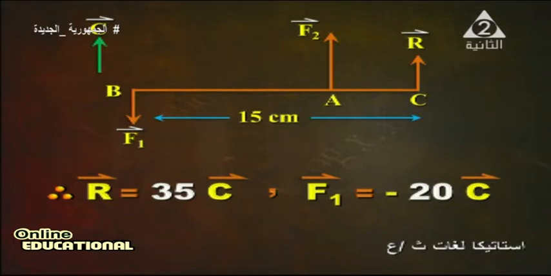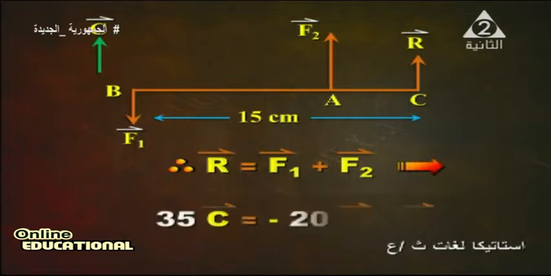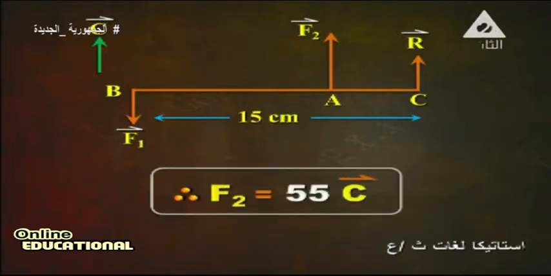Therefore, my dear student, R equals F1 plus F2. By substitution, 35C equals negative 20C plus F2. We deduce that F2 equals the summation of 35 plus 20. Therefore, F2 equals 55C direction.